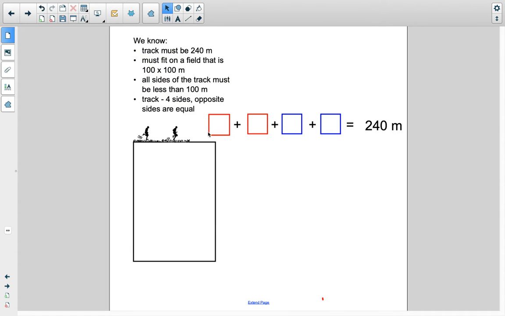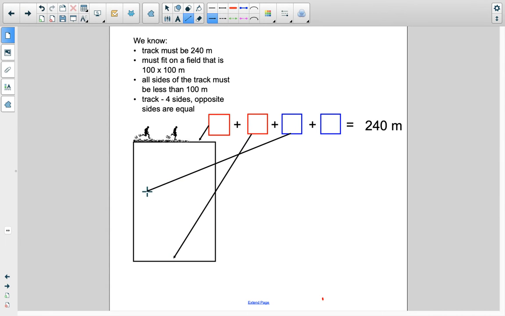That's because this one is this line, this one is this line, and they're the same. Because they're opposites and parallel, the sides are equal. So I need to come up with 4 values that add up to 240, but the 2 values here have to be the same, and the 2 values here have to be the same.